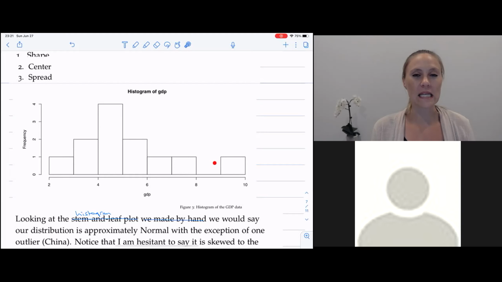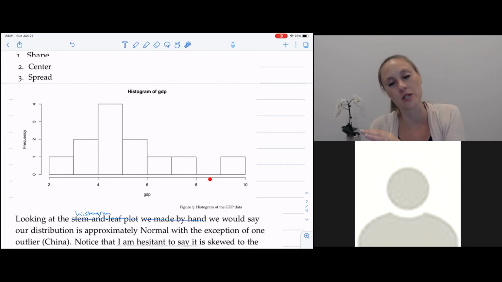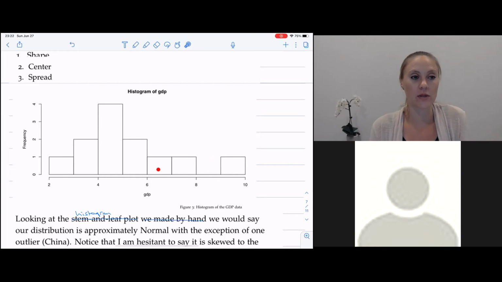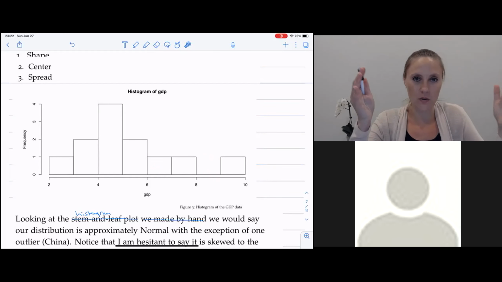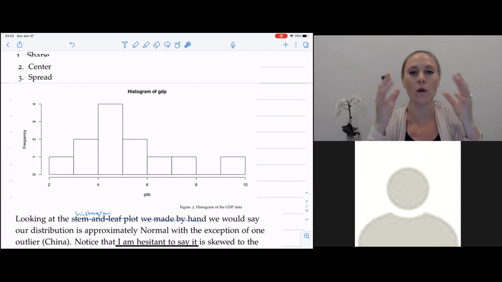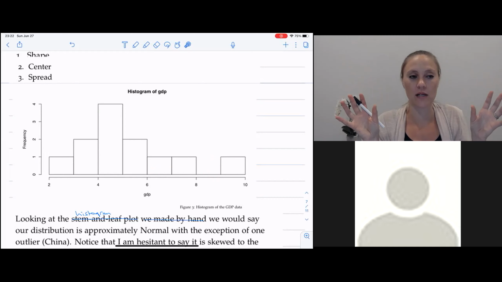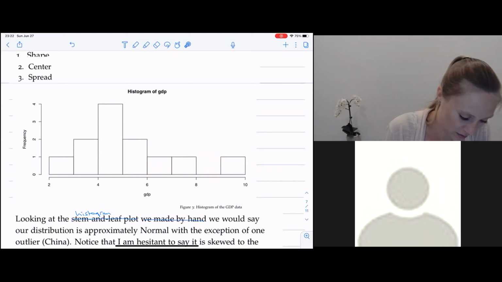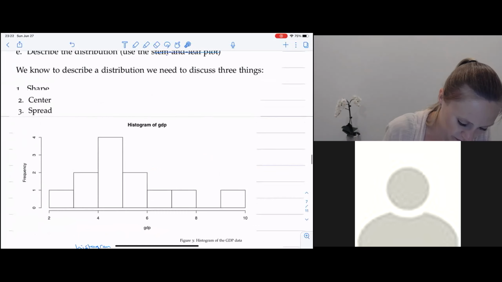What we need is some sort of threshold where, if you're past this line, you're considered an outlier, and if you're inside this line, you're not. That can happen on the lower end as well. So we're going to have a lower bound and an upper bound, where anything within these bounds is fine, but anything beyond these bounds will be considered outliers. So we need some mathematical way to approach this.